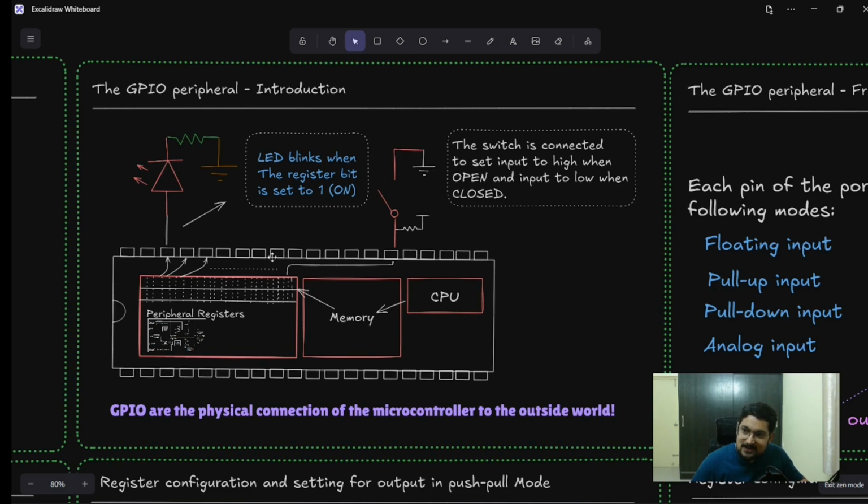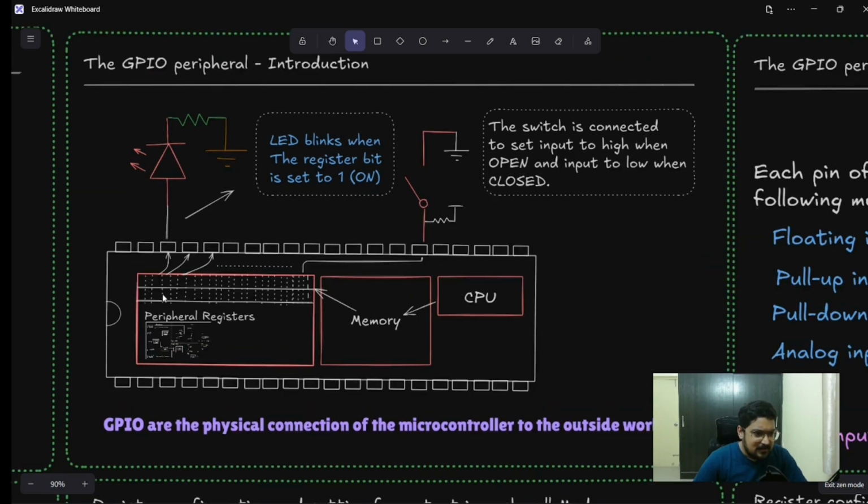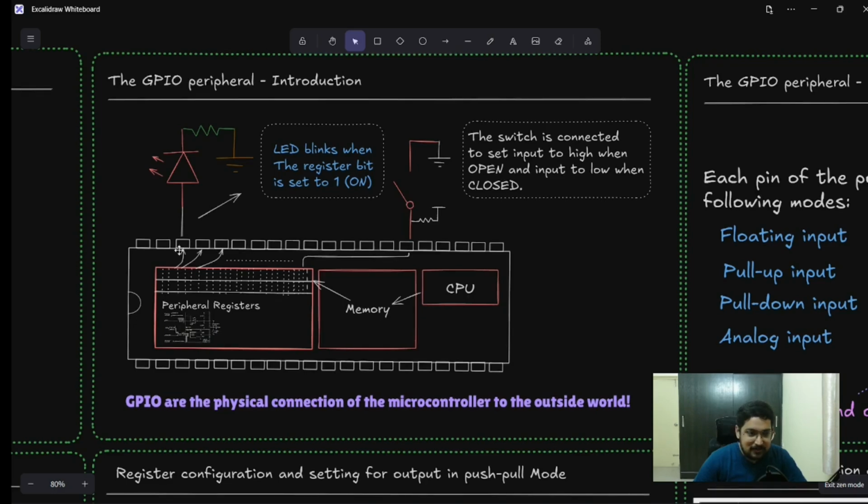If we consider this as our microcontroller, and this is an LED connected to one of the pins, and this is a switch connected to one of the pins, then physically setting the voltage on this particular pin to high, or to 3.3 volts, according to the circuit, would turn the LED on. Similarly, if we add a switch here, if you press the switch, a corresponding voltage would be generated, and if the peripheral is in the input configuration, it would be able to detect whether the switch is pressed or not.